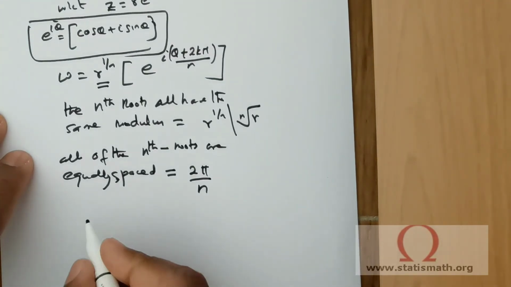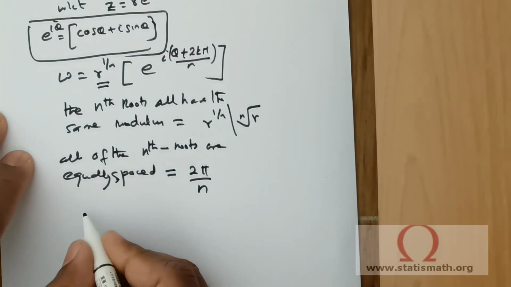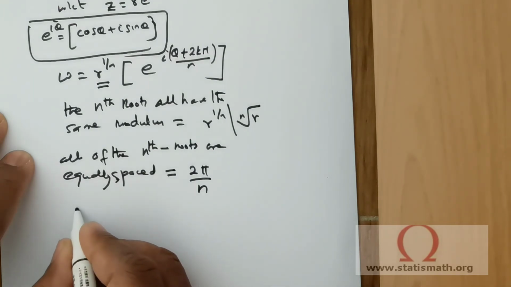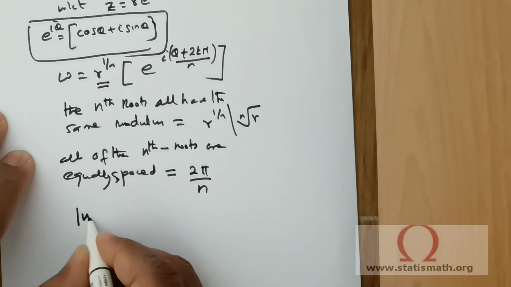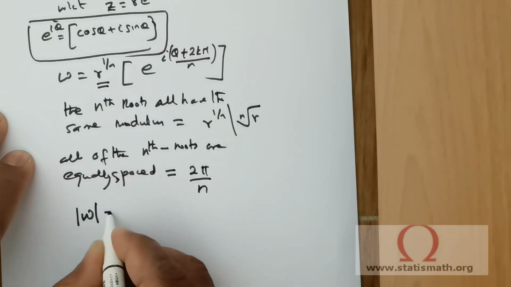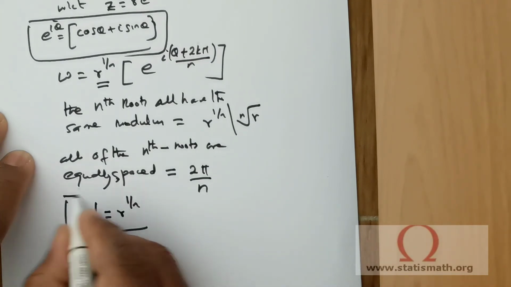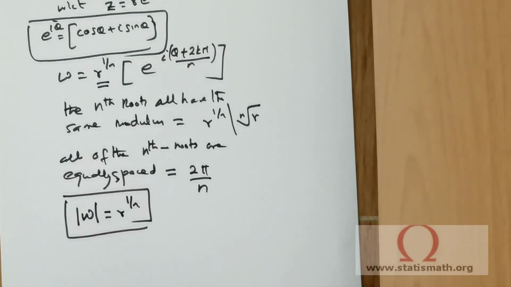Now if someone were to ask you what is the modulus of the nth root, then that representation is done like this: the mod of omega is equal to r raised to the power 1 over n. Okay, so this is the way we represent it.